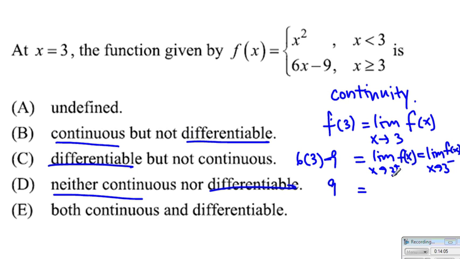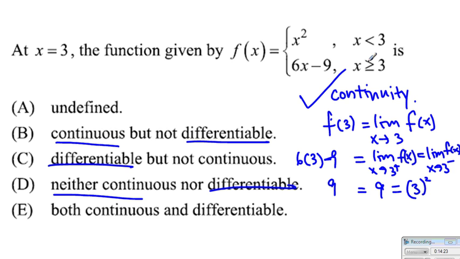From the right, x becomes greater than 3, so we'll be using the same expression, which is equal to 9. From the left, that means the earlier one, which is 3 squared, which is equal to 9. Therefore, yes, it is continuous.